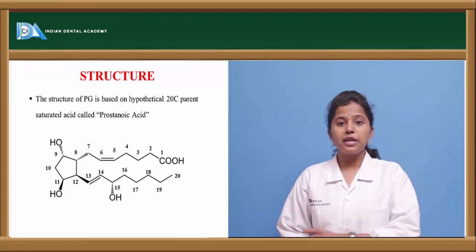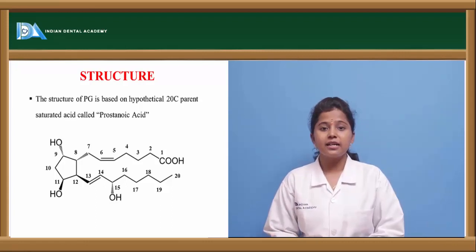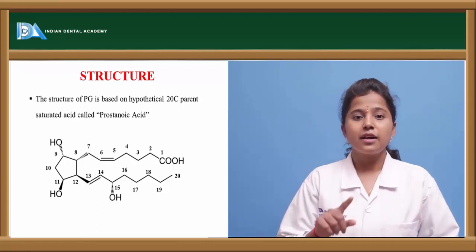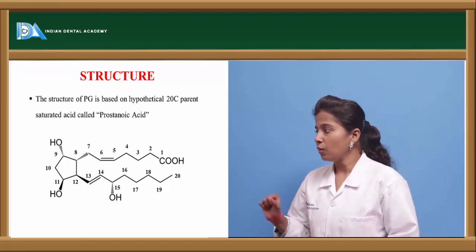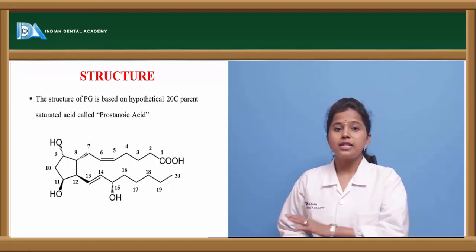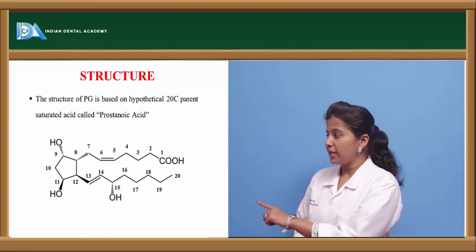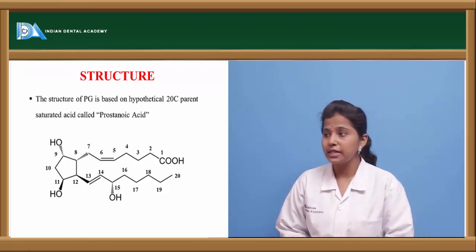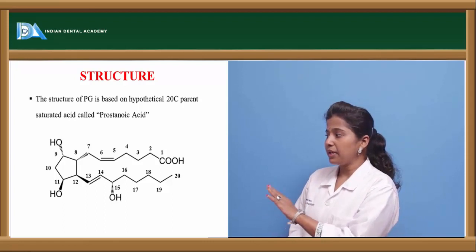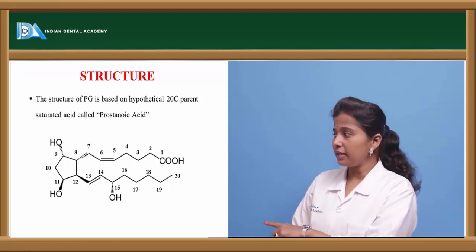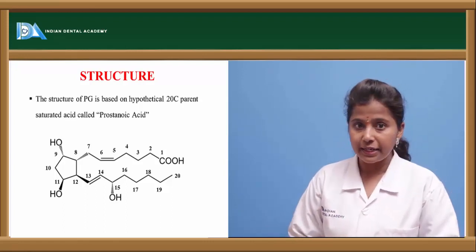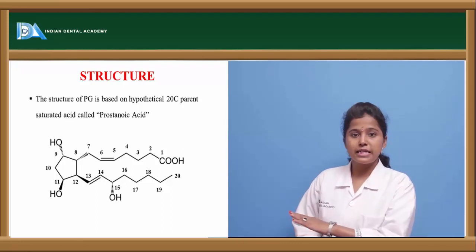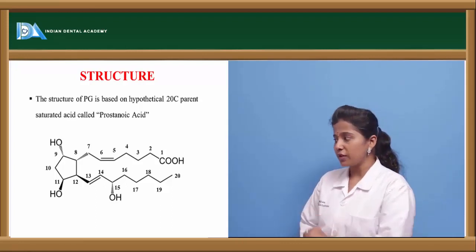So, I told you that prostaglandins contain a pentanoic ring, that is a 5 carbon ring, along with a side chain. This is a 20 carbon structure and we can see that hydroxyl groups are present on the 15th, 11th and 9th carbon atoms, and a carboxyl group, that is COOH group, is present on the first carbon atom.